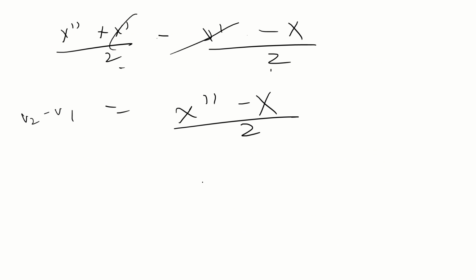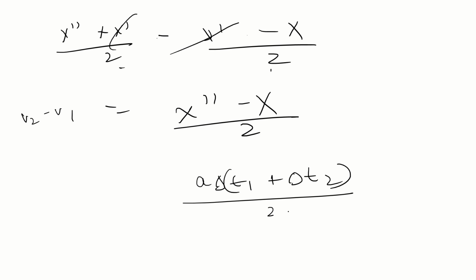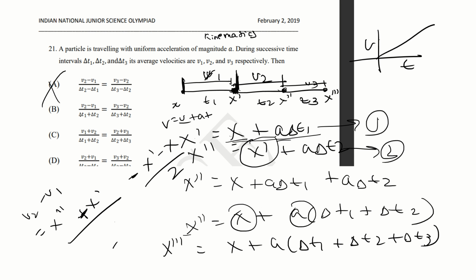So we get a (delta T1 plus delta T2) upon 2. So this is V2 minus V1. Now in the option it says we can interchange these values. So here we'll get T on one side and this on the other side. You can see that T is present in all equations, so maybe we'll get it later in our answer.